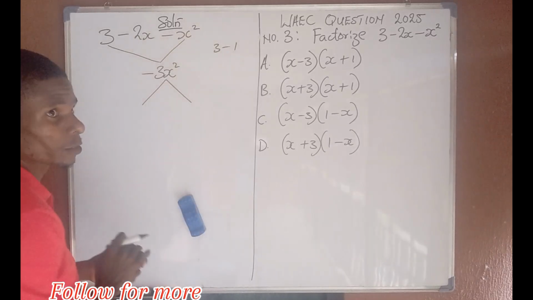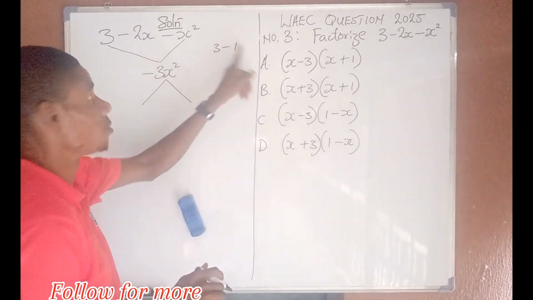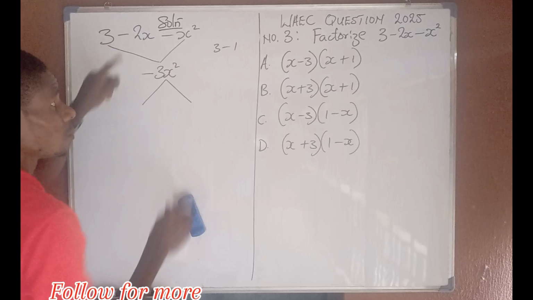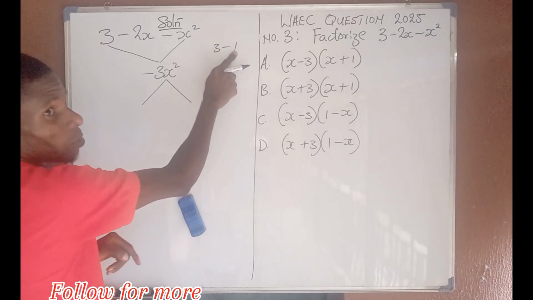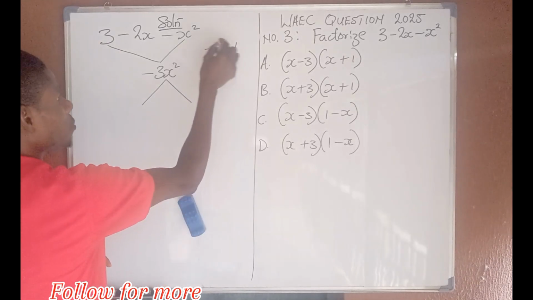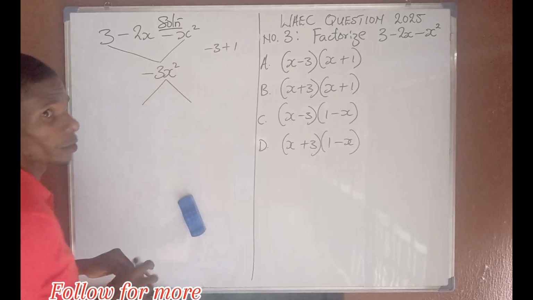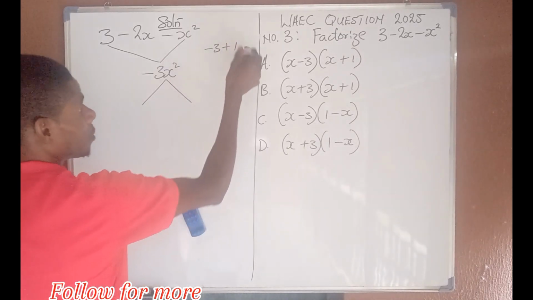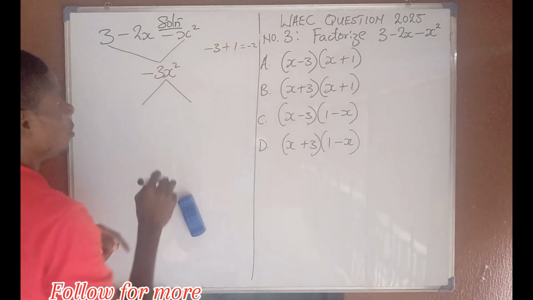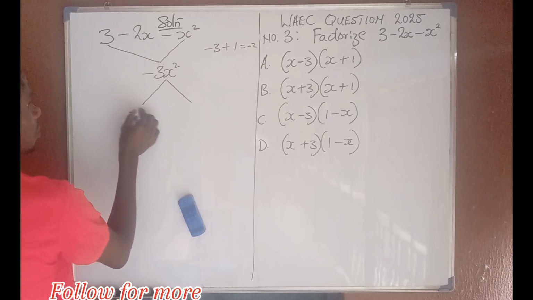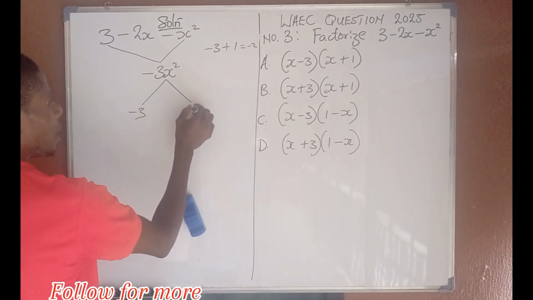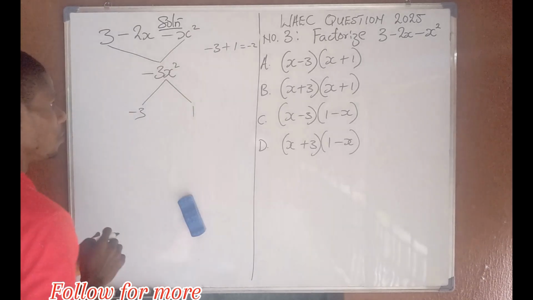If I do minus, I will have 3 minus 1 to give me 2. But what I have is minus 2. Therefore, this minus is not supposed to be before 1. Rather, it's supposed to be here, and I will then have plus. So minus 3 plus 2 will give me minus 2. I'm going to have the factors to be minus 3 and the positive 1.